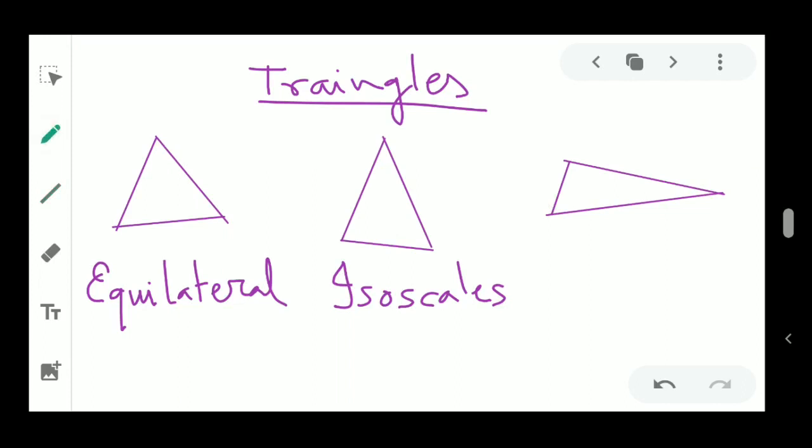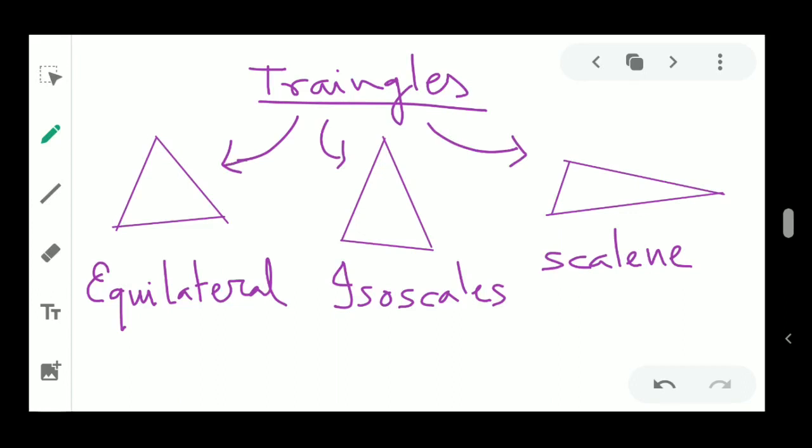They are called scalene. So there are three kinds of triangles, basically depending on their sides. With angles also we can make some classification, but we are studying here only sides. So there are three kinds of triangles based on their sides.